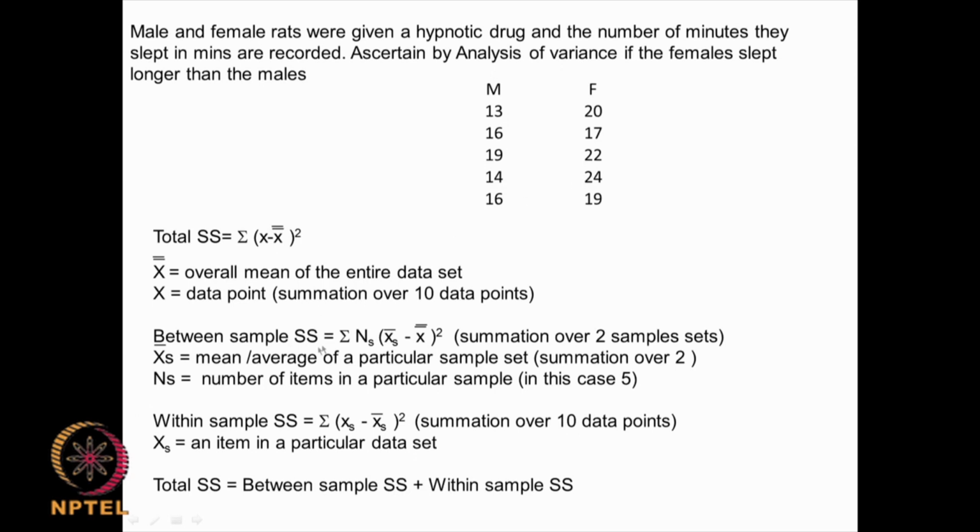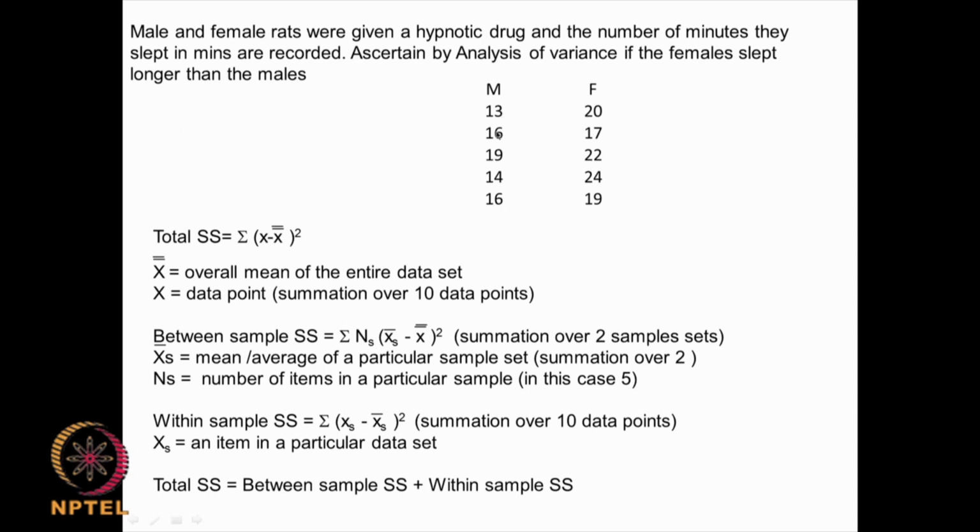So, if I want to calculate the between sample sum of squares, I will have a mean here. That mean minus global mean square, but I will multiply by 5 here because there are 5 data points. Then this mean minus global mean square multiplied by 5, add both, that will give me the between sample sum of squares, and the degrees of freedom is 1 here. Now, if I want to calculate the within sample sum of squares, I will have a mean for male alone.